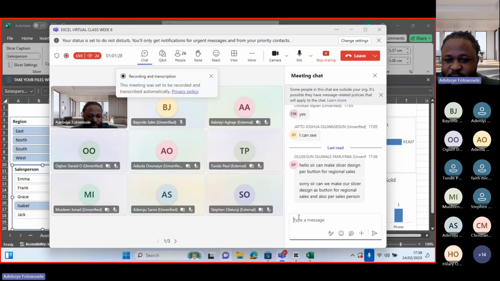Hello, sir. Okay, you wanted to know, can we make our slicer design as button for regional sales and also per salesperson? I'm not sure I get your question.